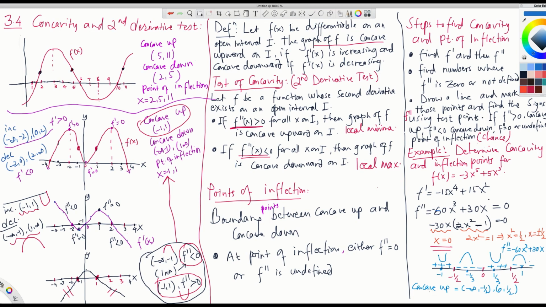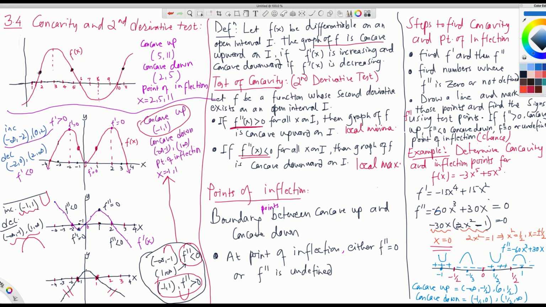How about concave down? Negative 1/√2 to 0, and then 1/√2 to positive infinity. These are concave down because of the sign of the second derivative.